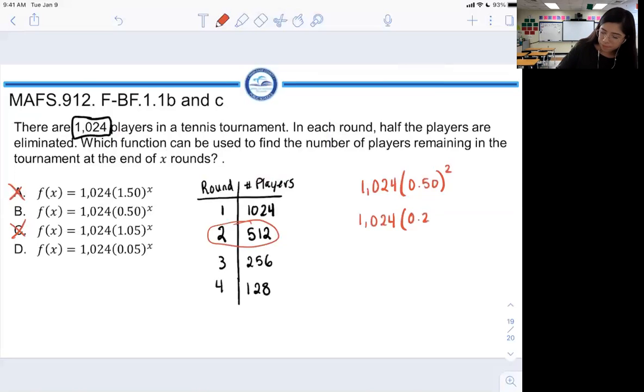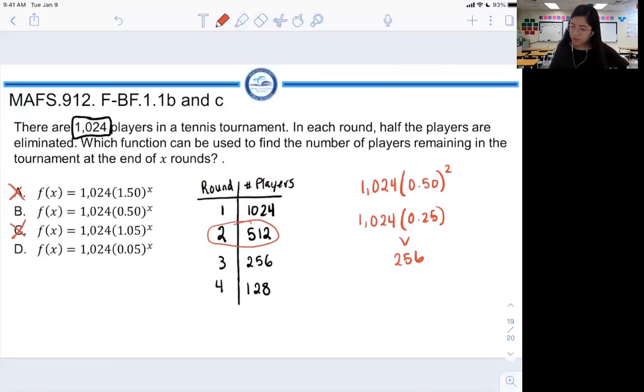Good. And then what's 0.25 times 1,024? 256. Is that what we wanted?